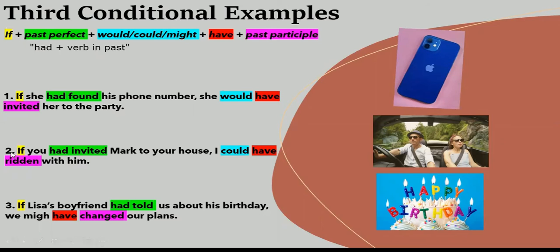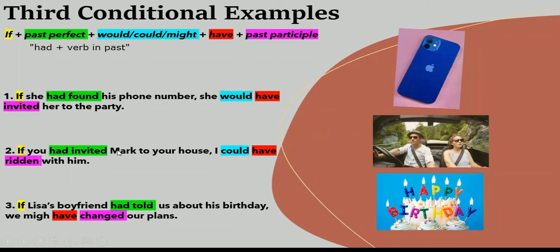And then we have the number two. If you had invited Mark to your house, I could have ridden with him, okay? So we have if, our condition, had invited, which is our past perfect. We have could, because we can use would, could, or might. We have have, and we have ridden, which is a past participle of ride, okay?